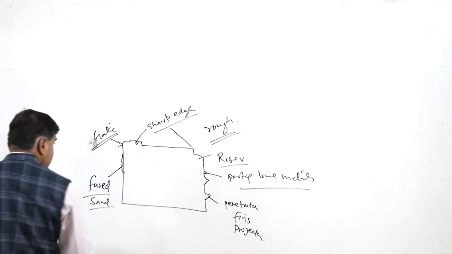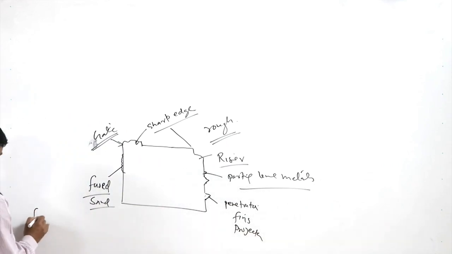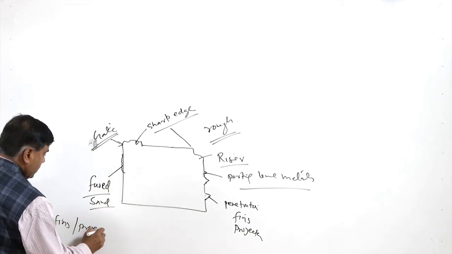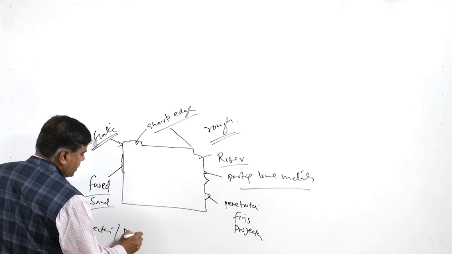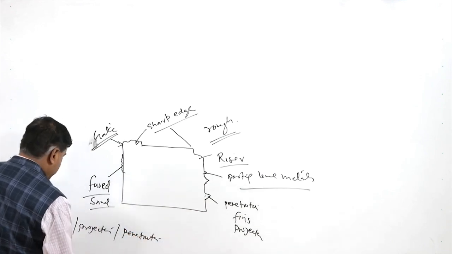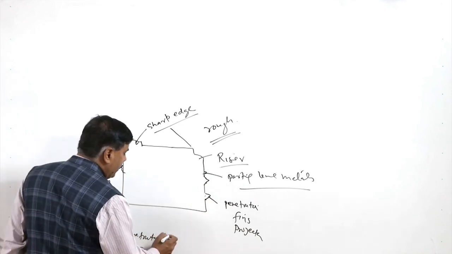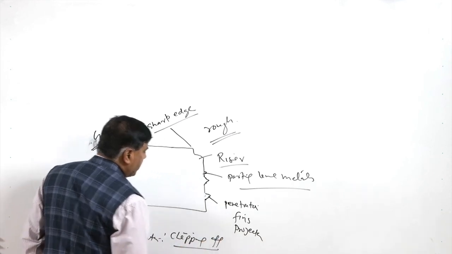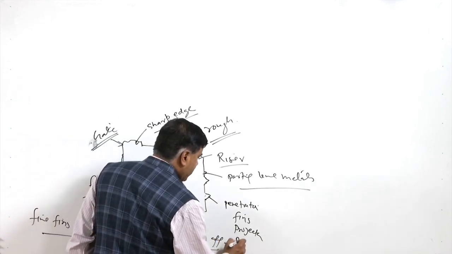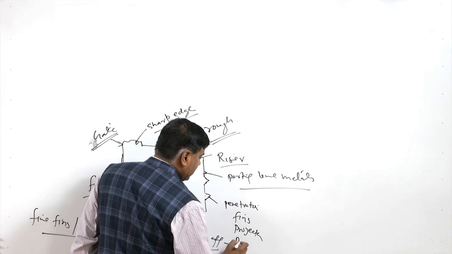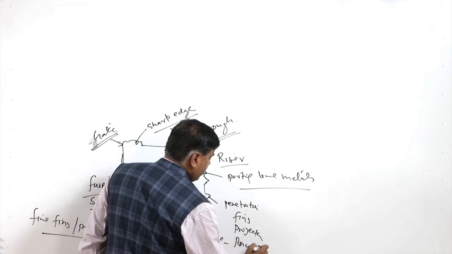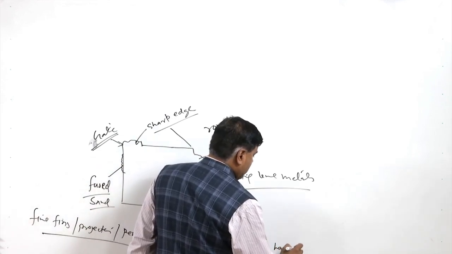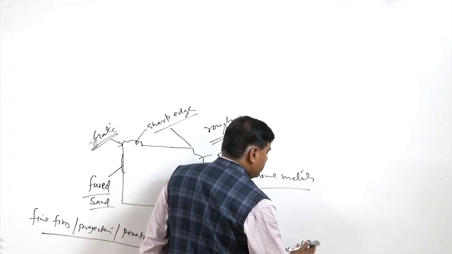So, if we see here the fine fins, projections or the penetration, all these are very thin in sections and can be easily removed by chipping off. Basically, chipping off means we can use the pneumatic hammer, or manually, hand tools.